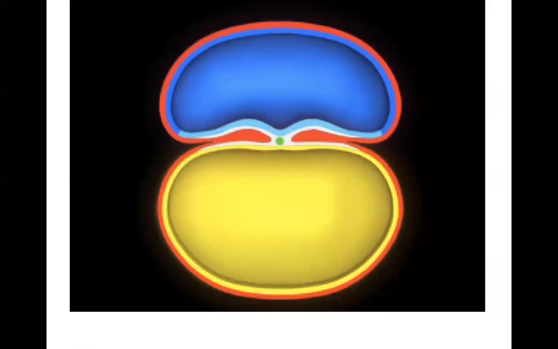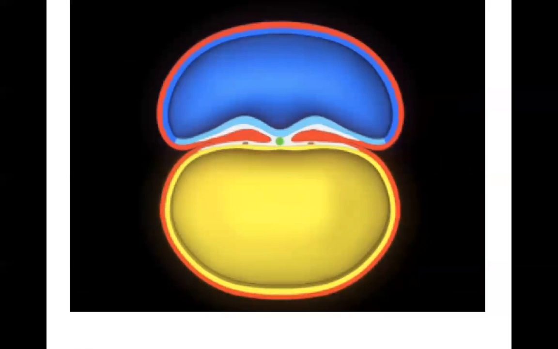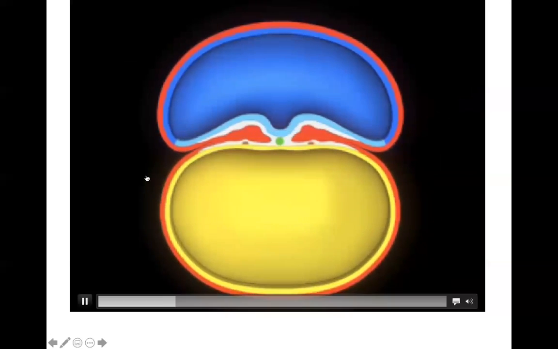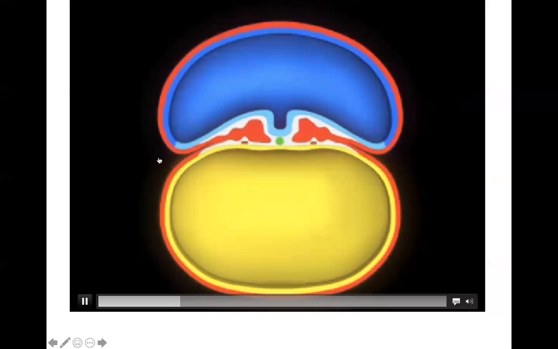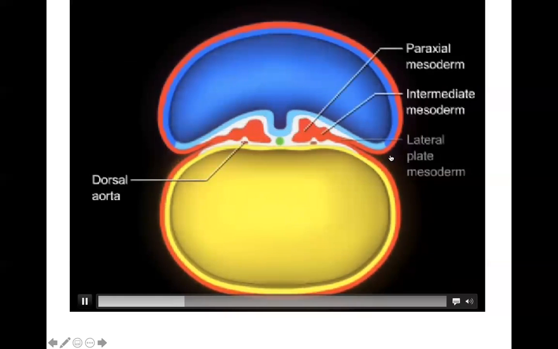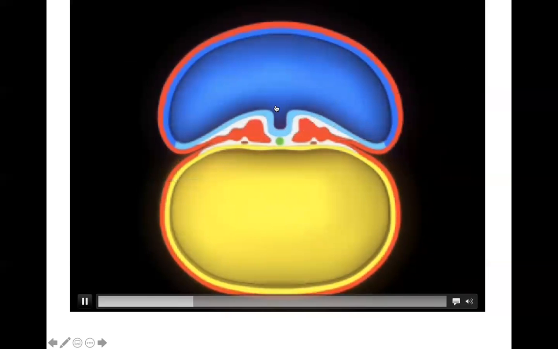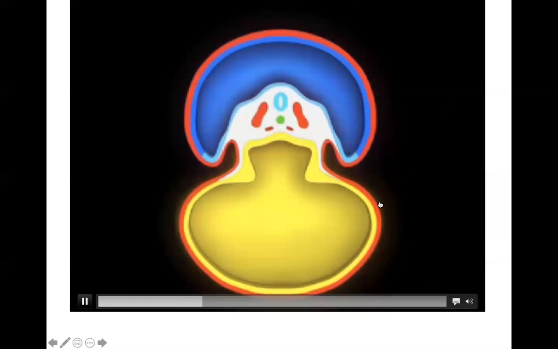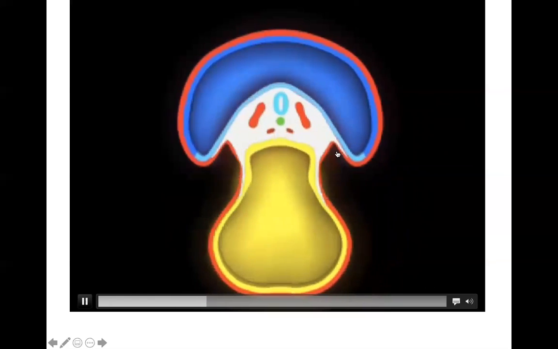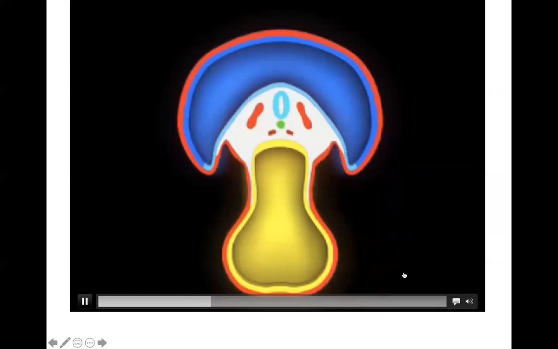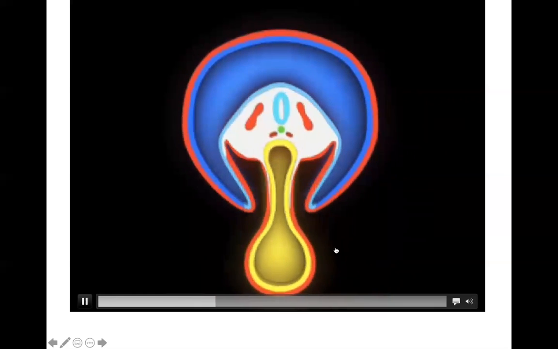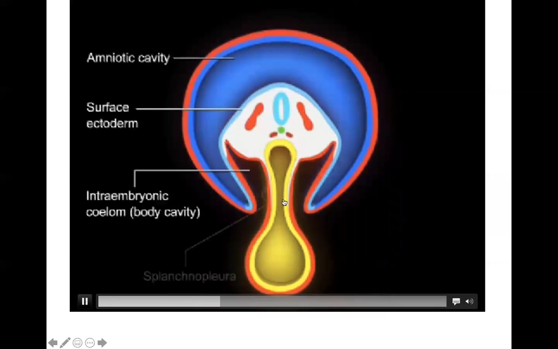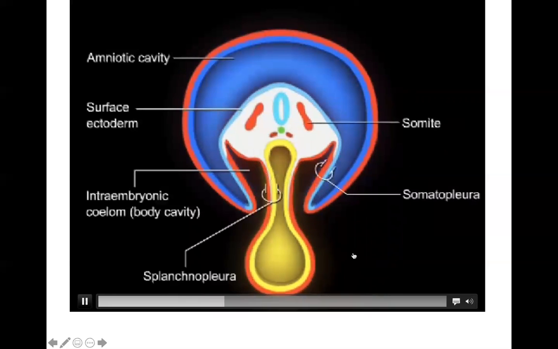Onward. So as you can see, the lateral side of the amnion begins to come down as the neural tube begins to close. The intraembryonic coelom gets bigger and everything pinches together at the end, or at the belly, at the middle.